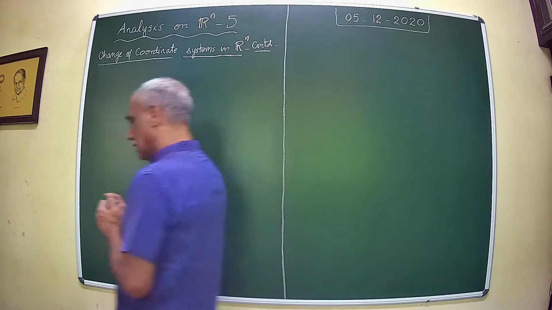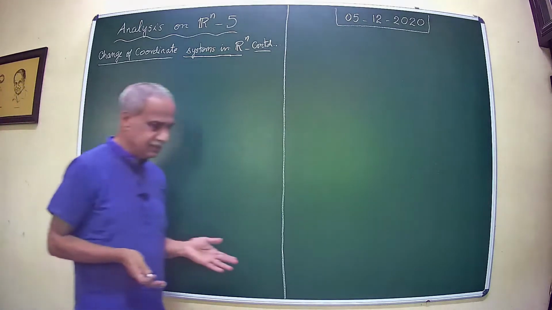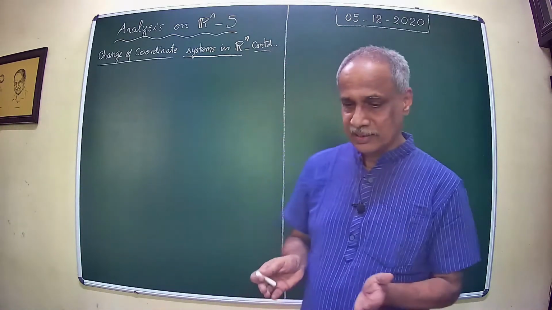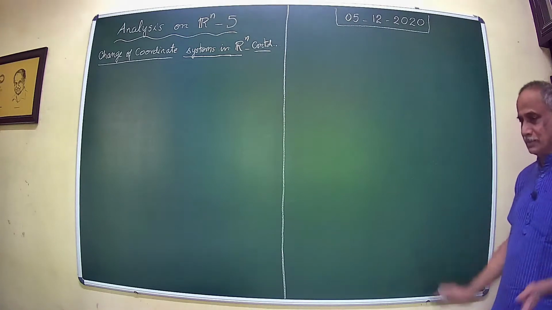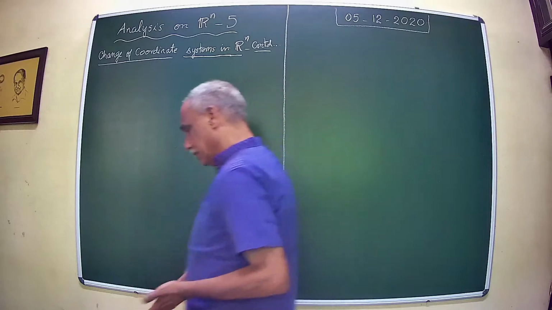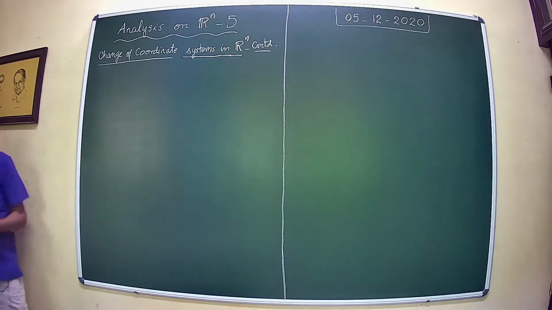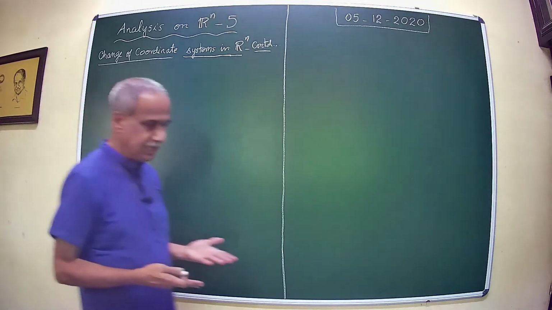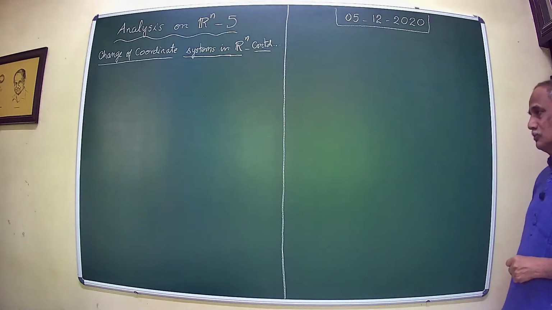Let us start with the assumption that we are working in Rn and we are working in the standard basis. So all the discussion will be in the premises of the standard basis, namely E1, E2, etc., En.